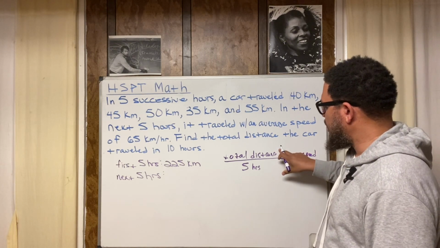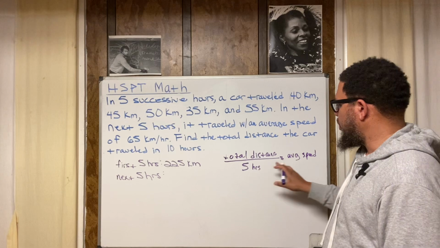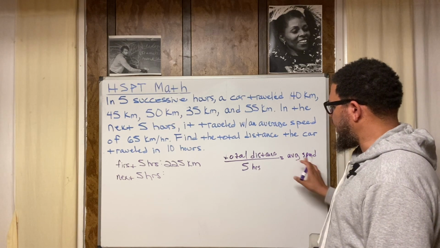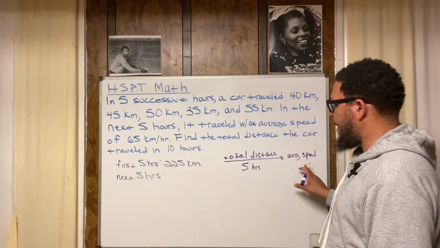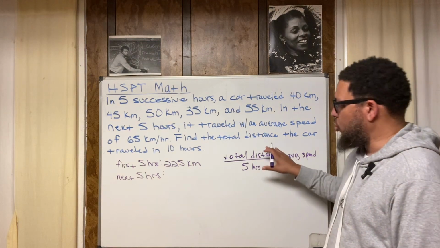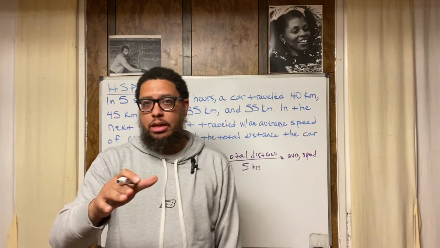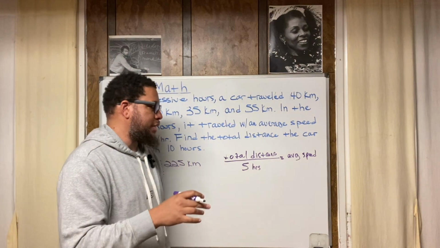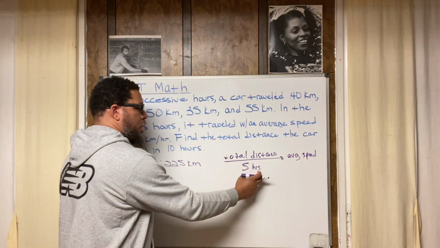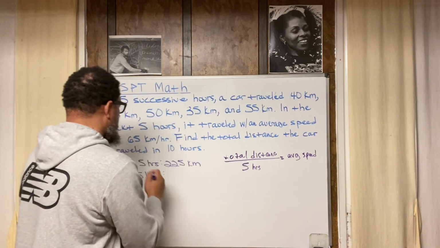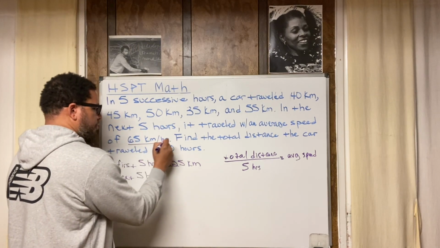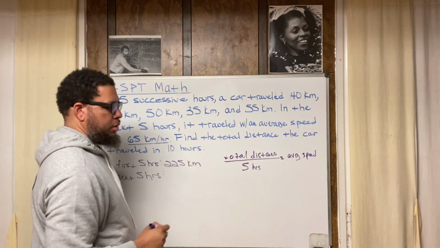Total distance divided by time will give you the speed, right? D divided by T equals R. All right. So the total distance, whatever the total distance is, we don't know the total distance, right? Not yet. But if you take the total distance and divide it up into 5 equal parts, what that would give you is the 65 kilometers per hour. All right.